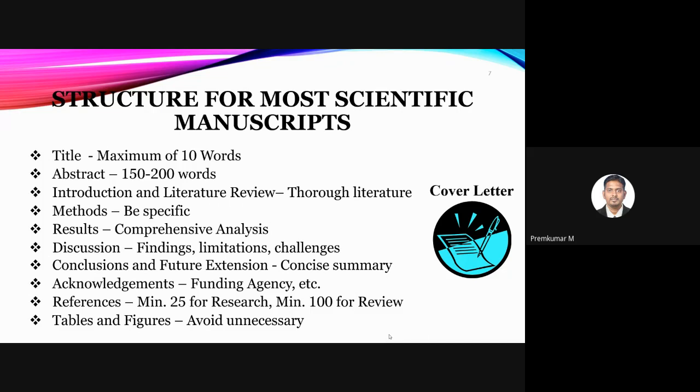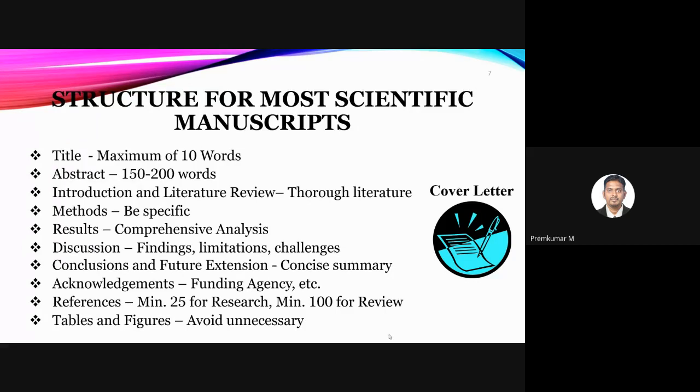Though I have given the limitation of 250 words, that is because some open access journals have no restrictions. But when we go with subscription-based journals, we have a lot of restrictions. So always try to restrict your abstract within 200 words, and please don't write any kind of short abstract. Minimum it should be 150 words, and the maximum can go up to 200 words.